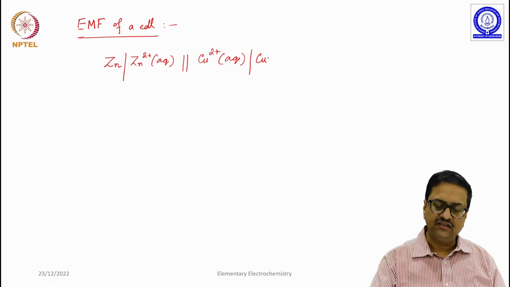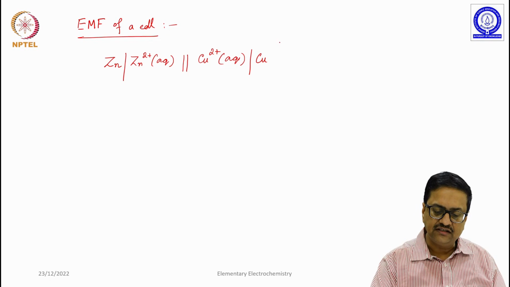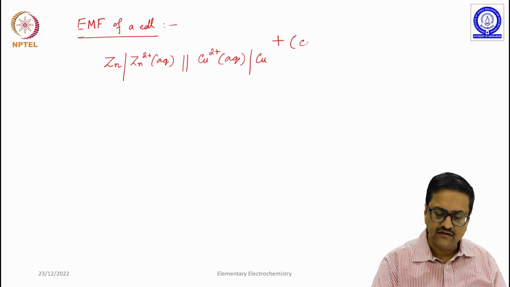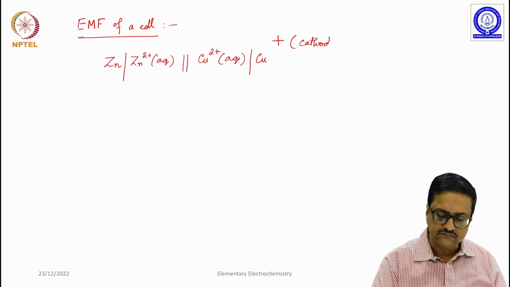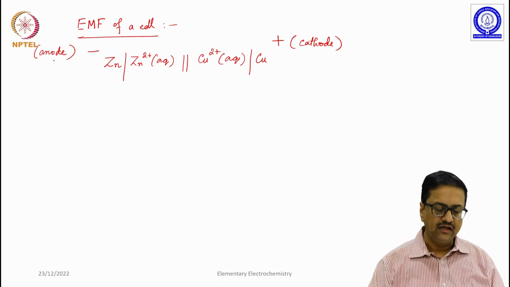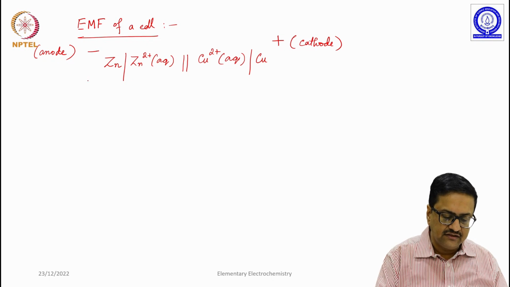By convention, the way we write these cells, the right hand side electrode is the plus, the cathode, and the left hand side electrode is the minus, the anode. In this cell, oxidation takes place at the anode.